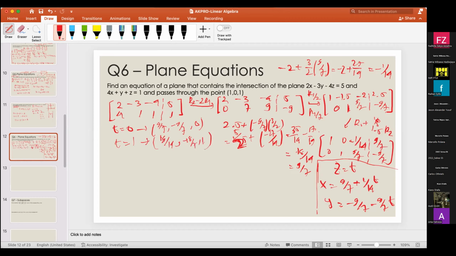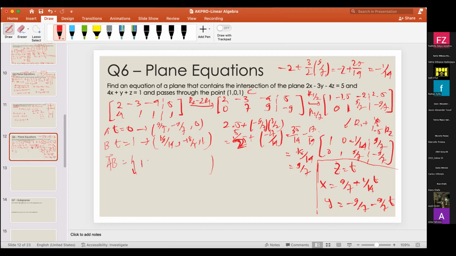And so what we're going to do is find the cross product. Let's say this is point C, this is point A, and point B. And so AB is 19 over 14 minus 9 over 7.